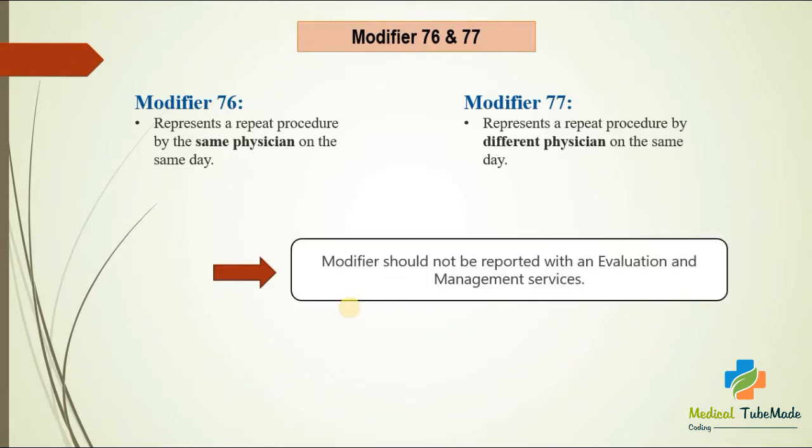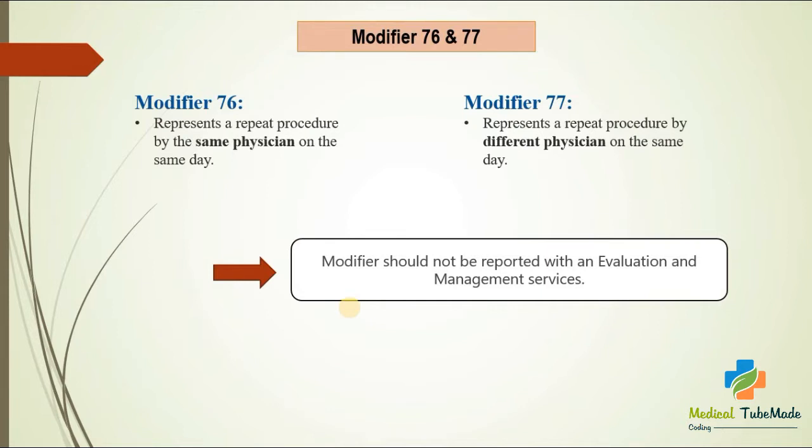We should not use modifier 77 or 76 with any E/M code. Most of the time we use 76 and 77 with radiology codes, because most of the time the physician is repeating the procedure. For example, with a chest x-ray, if a physician is not satisfied with the previous result or report, then for confirmation purposes he will repeat the same procedure one more time.